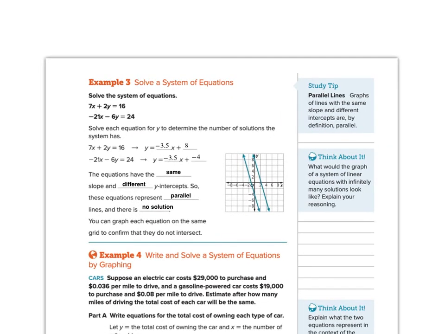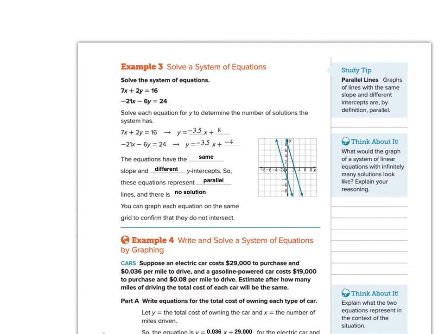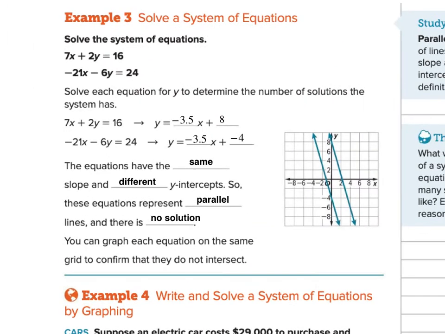Okay, so as we continue solving a system of equations, they're giving us another possibility. As we convert these into slope-intercept form, we've done our inverse operations, and we come up with y equals -3/5 x plus 8 and y equals -3/5 x minus 4. That is going to be parallel.